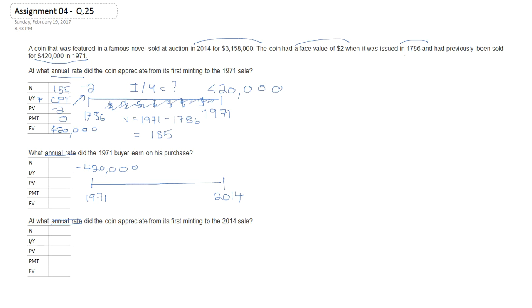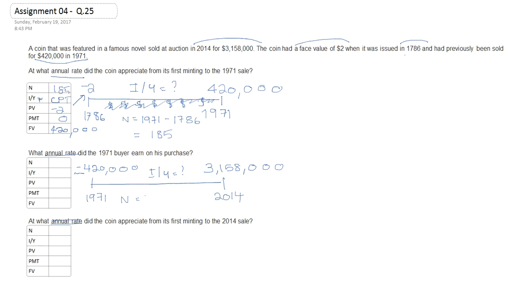That's the money you have to pay in order to buy this coin for investment. You keep it until year 2014 and cash this money out by selling the coin for $3,158,000. And again, you need to find IY for this investment.